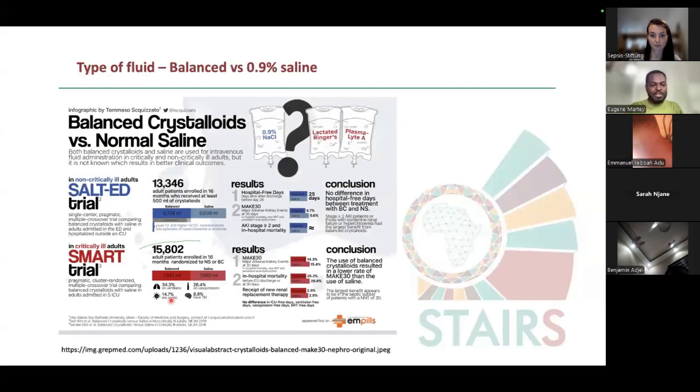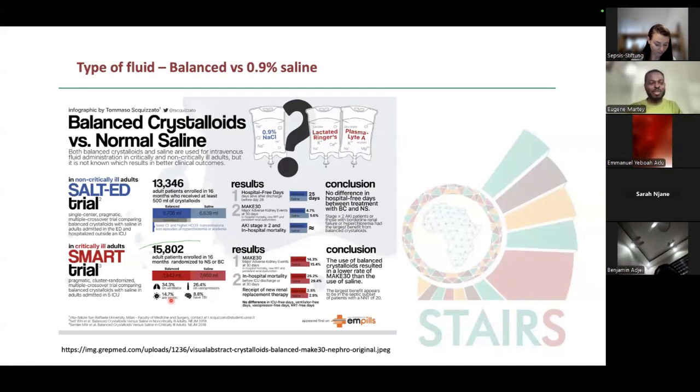Now, with regards to the choice of fluid, we're tilting towards balanced solution. The commonest balanced solution we have in our setting is lactated Ringer's or Ringer's lactate. Okay, and there have been studies that have compared Ringer's lactate or balanced solution as against normal saline. I would want to say 0.9% saline.